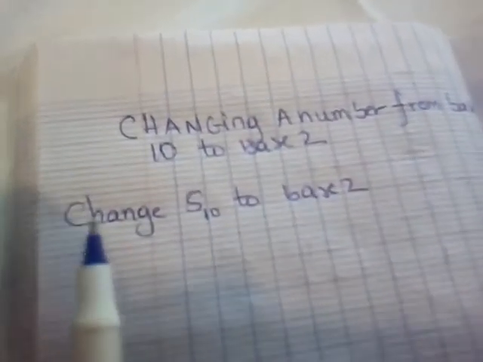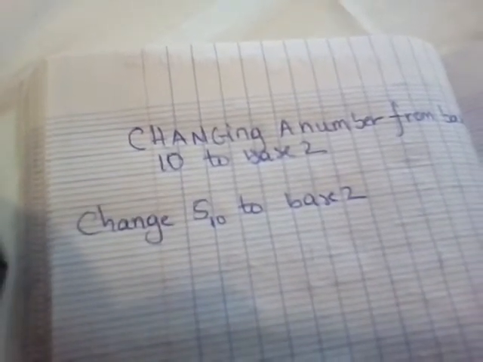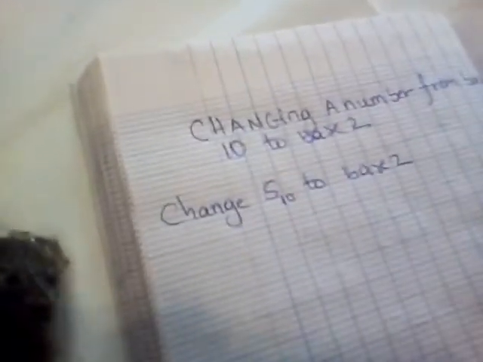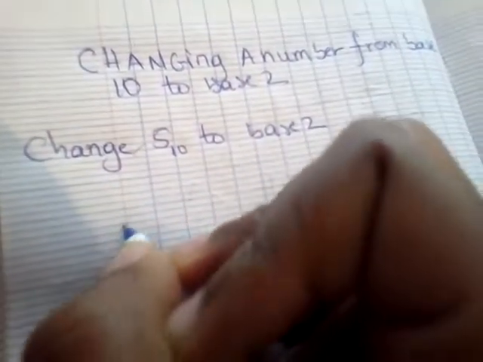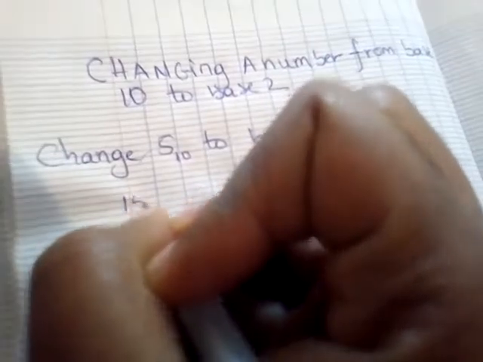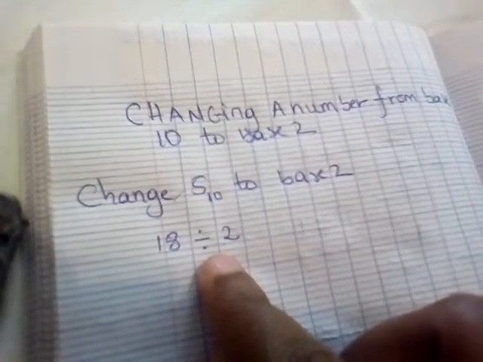Before I go into that subject, I will quickly teach division, which is something very easy and simple. When you are dividing, for example, I'm asking you to divide 18 by 2. How do you divide these two things?